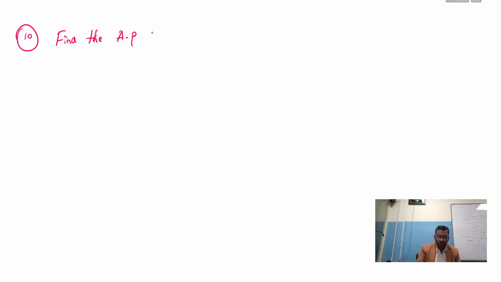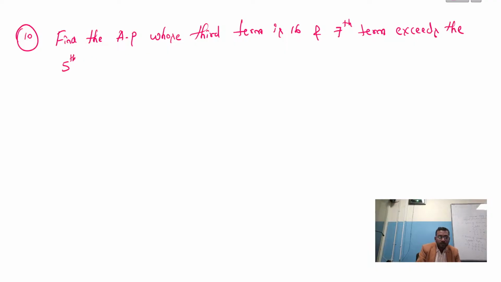If the question gives for you like this, find the AP whose third term is 16 and seventh term exceeds the fifth term by 12.